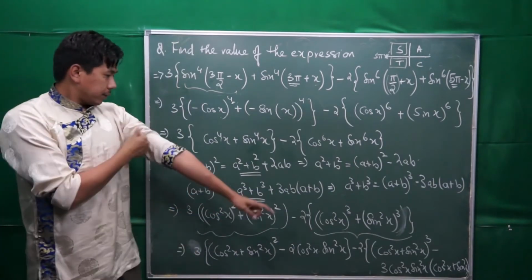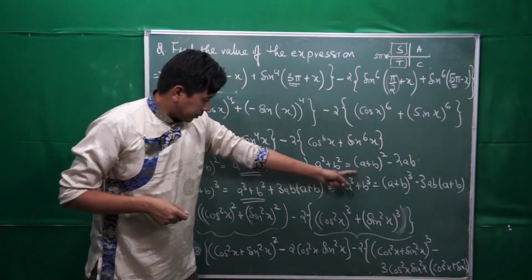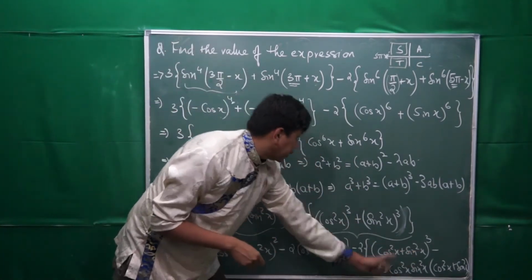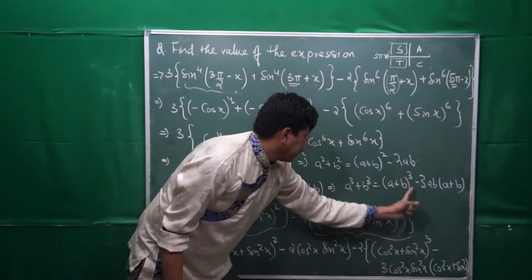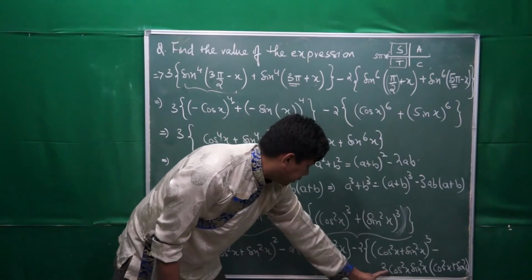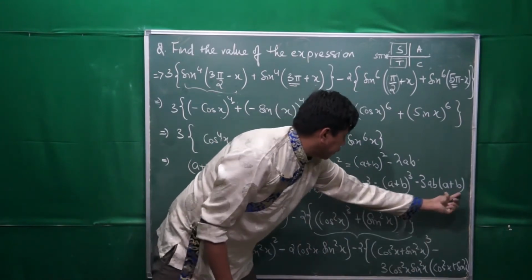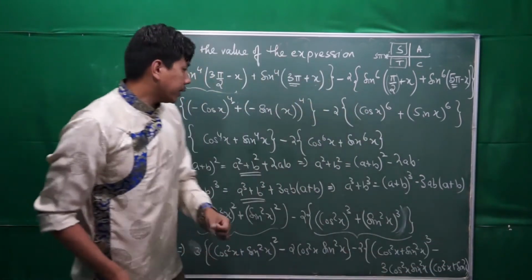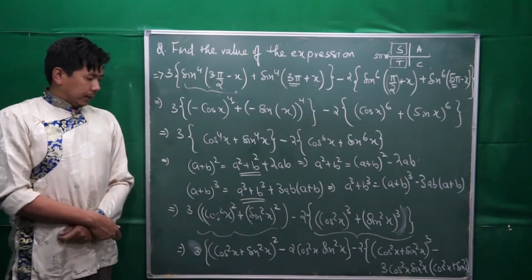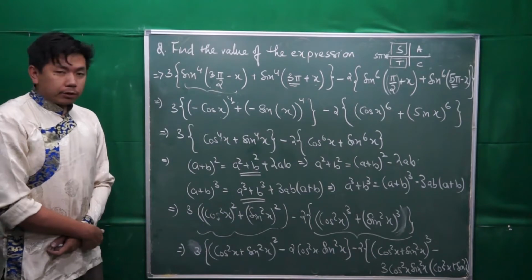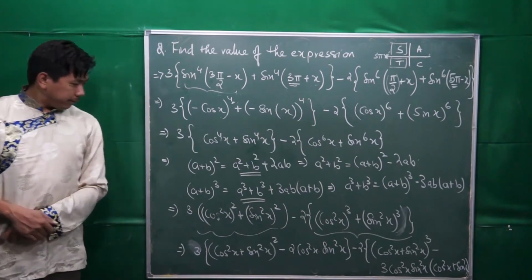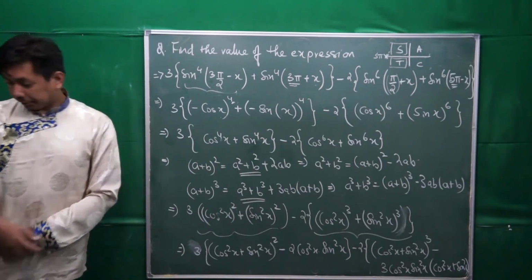Okay, so this form is what is being written over here: a plus b whole cube minus 3ab into a plus b. Okay, clear? Take a note of what's being done over here. We'll proceed further.